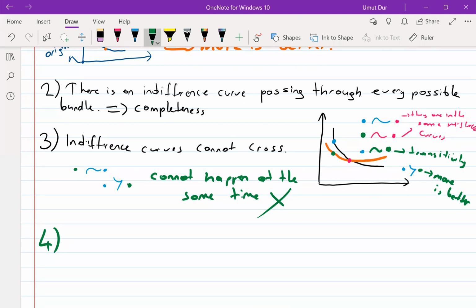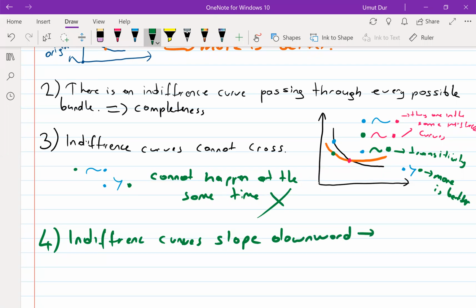The fourth property is basically saying that indifference curves slope downward.